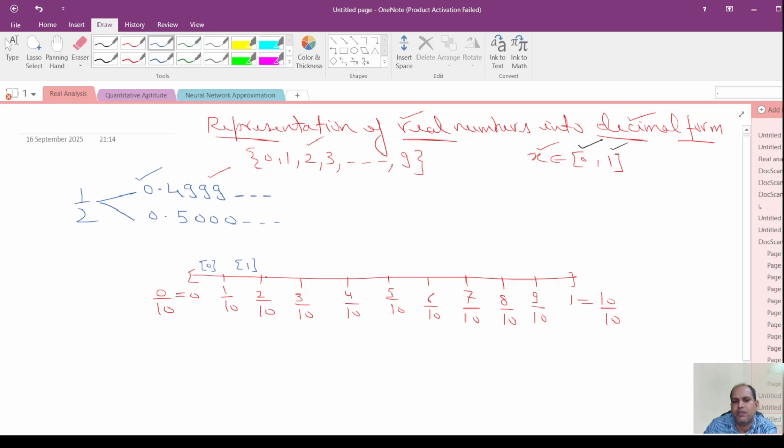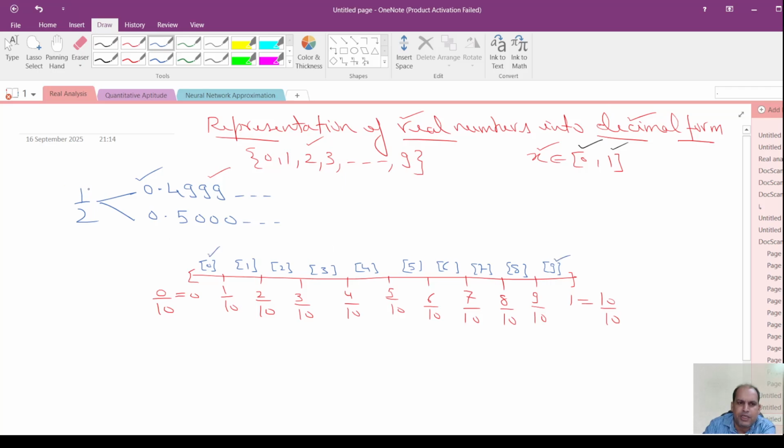If any real number is between 2 by 10 and 3 by 10, we will assign it 2, and so on, through 3, 4, 5, 6, 7, 8 and 9. So, we have a 10-part partition of the interval labeled from 0 to 9.